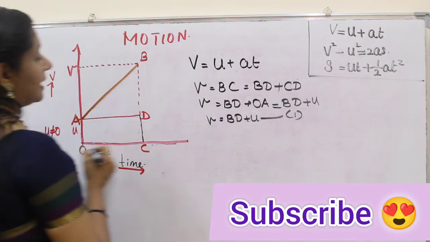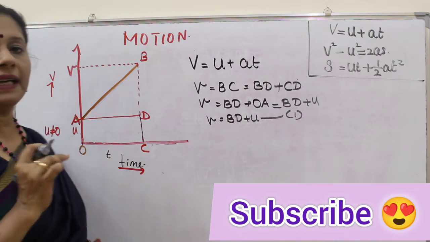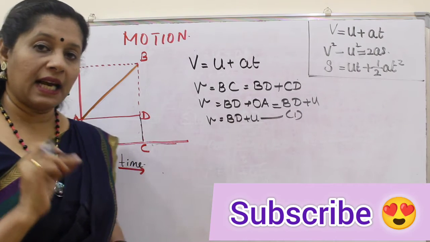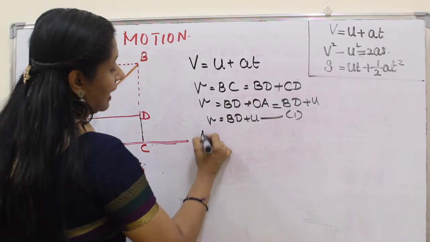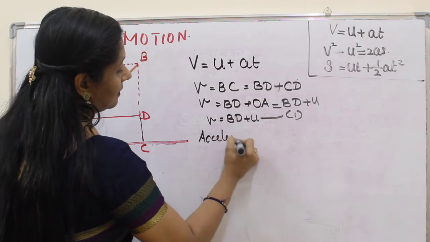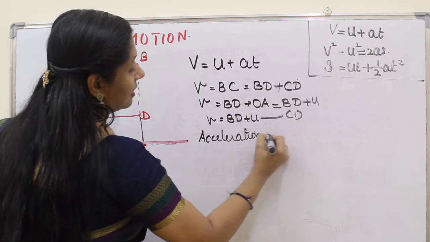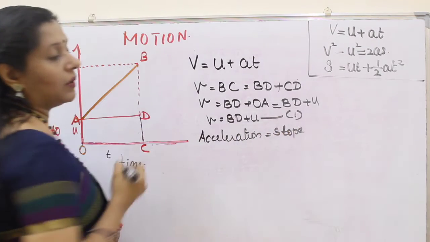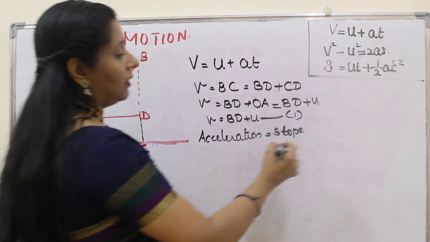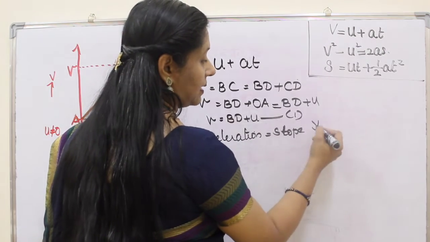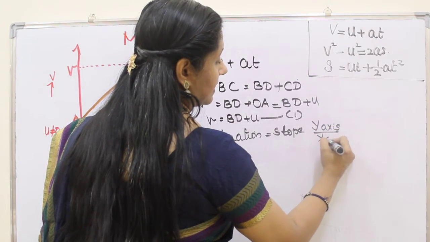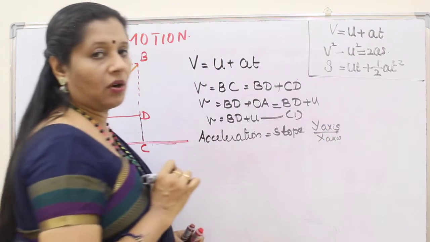Now let's consider acceleration. How do you find acceleration from a v-t graph? Slope of the v-t graph is the acceleration. So acceleration is the slope of the v-t graph. What is meant by slope? Quantity on the y-axis, or difference in the y-coordinate, divided by the quantity on the x-axis, or difference in the x-coordinate.